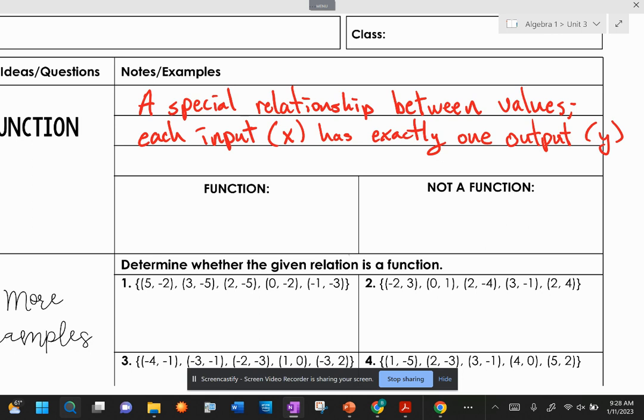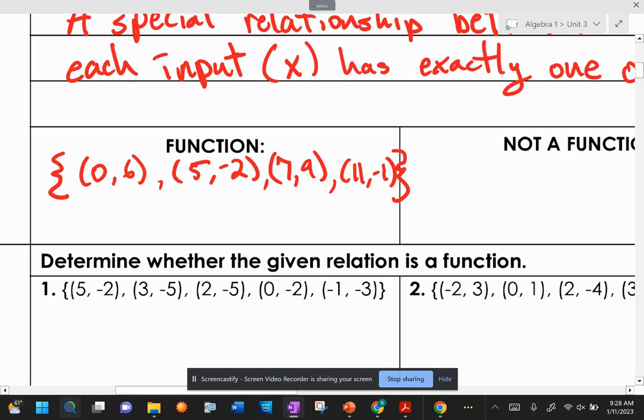So for instance, an example of a function would be the point 0, 6, the point 5, -2, the point 7, 9, and the point 11, -1, closed off with brackets.